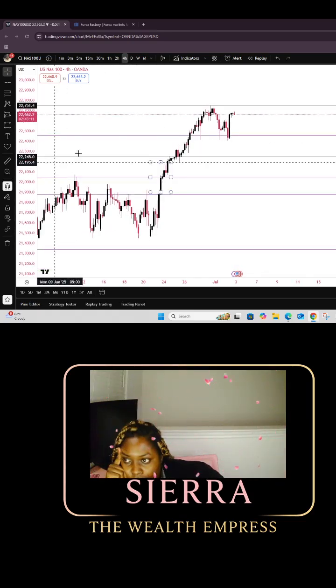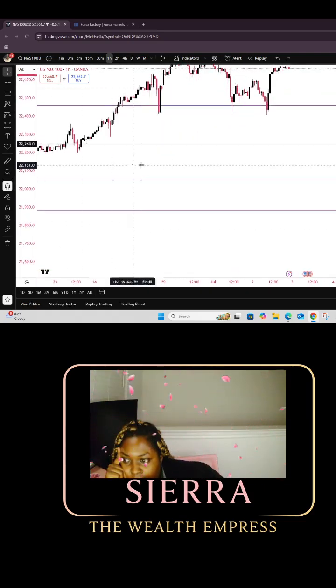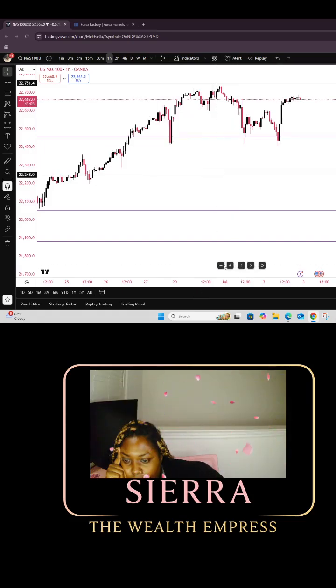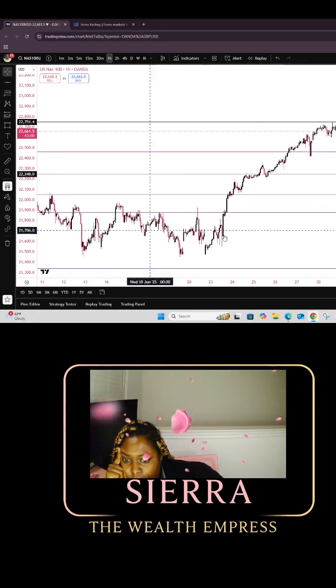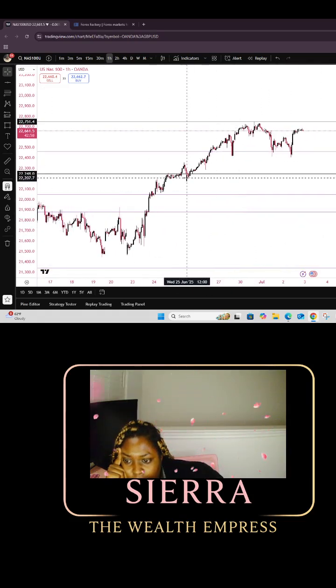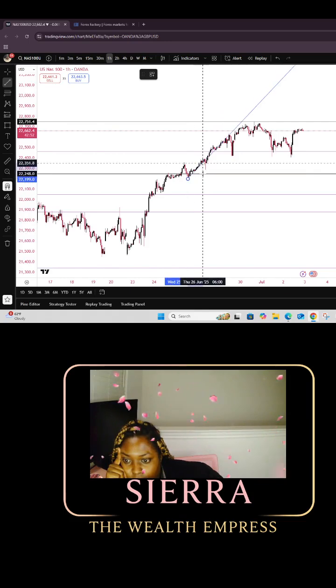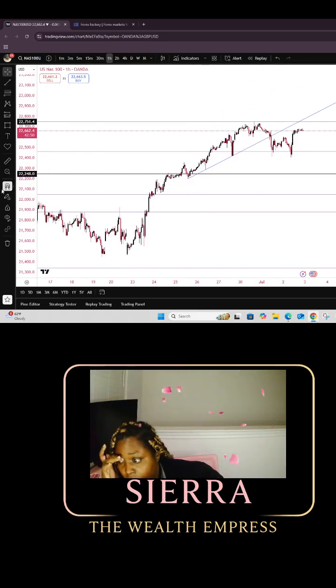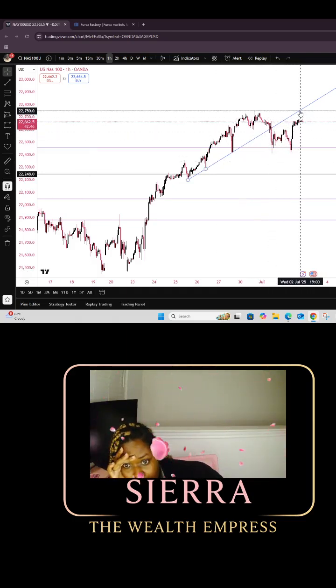So these are all of my zones. And I don't think I want to add anything else because we got plenty. I do see a trend line. I got rejection, rejection, rejection. I do want to mark the trend line. All right. So we got a break on our trend line, and it looks like price is trying to come and give us a retest.